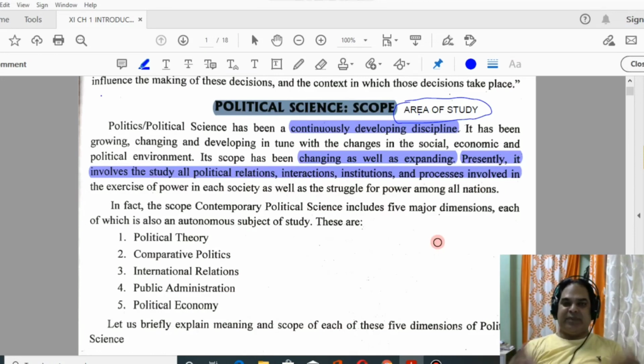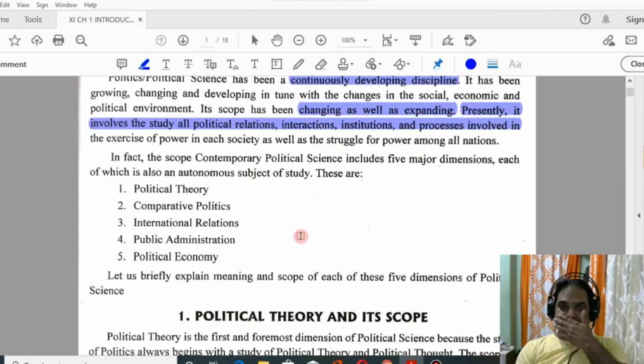So it is expanding. Presently, what is the study all about? The study involves all political relations, interactions, institutions, and the processes involved in the exercise of power.